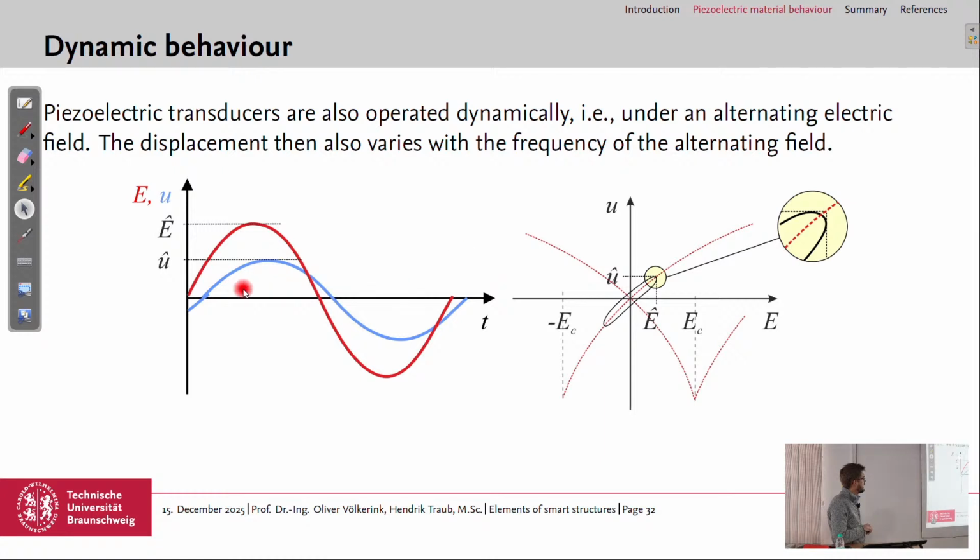If we look at this, we would have here the electric field as a sine, and then the displacement of the piezoceramic, which follows with some delay, also in a sine curve. This is what we saw yesterday on the picoscope, and I think we will also see in the lab.